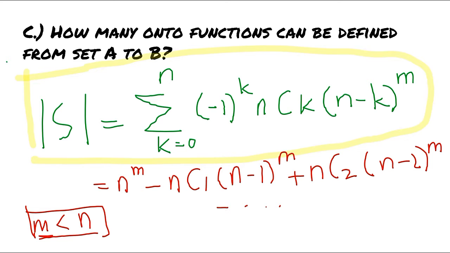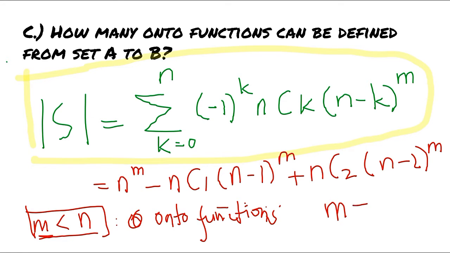So in this case there are 0 onto functions. There's also the case when m equals n, and in this special case the result will simply be n factorial, or m factorial, because they're equal anyway. So this general formula is applicable when the number of domain elements is greater than or equal to n.